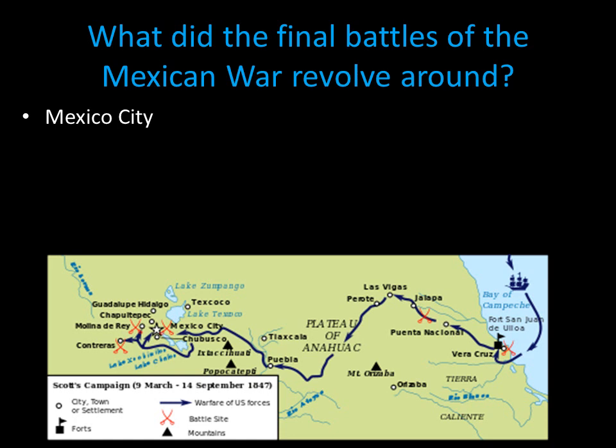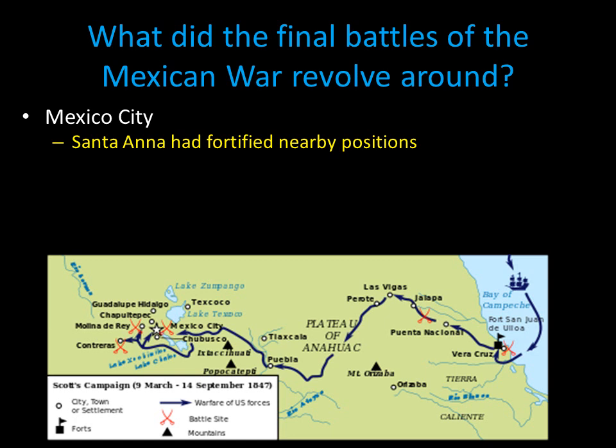General Santa Anna realized that in order to protect Mexico City, he was going to have to fortify the areas around Mexico City. So Santa Anna, being the military strategist that he was, set up fortifications near key locations near Mexico City, places that could be well fortified.